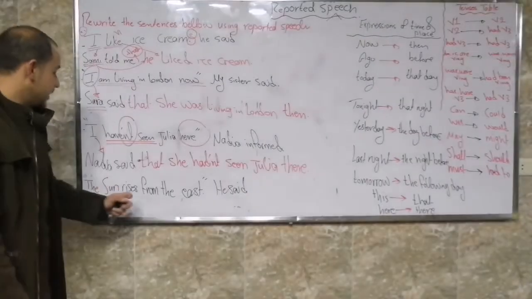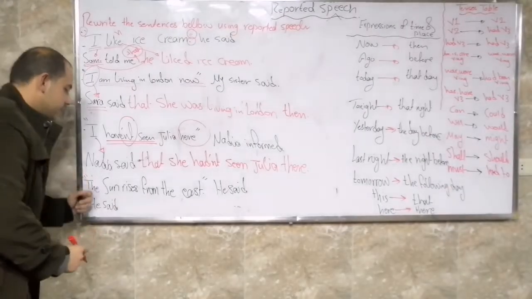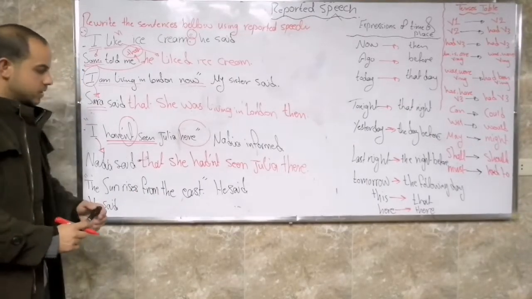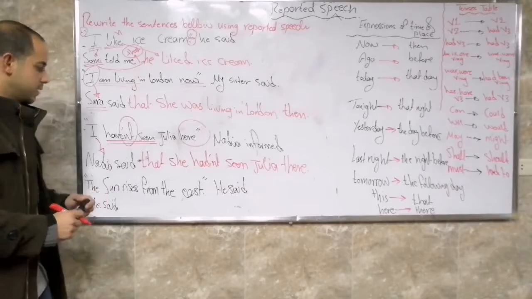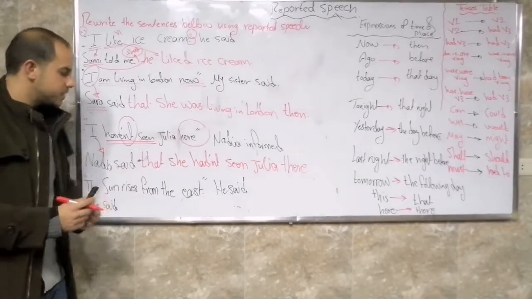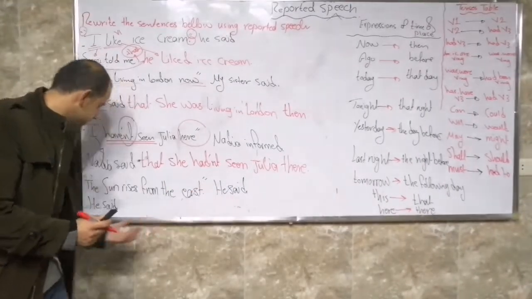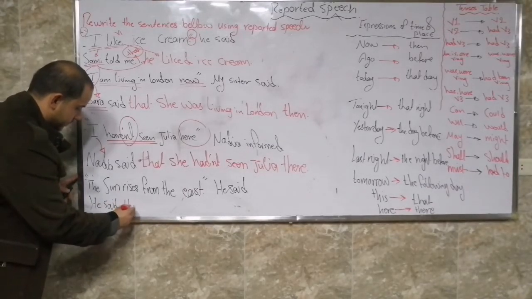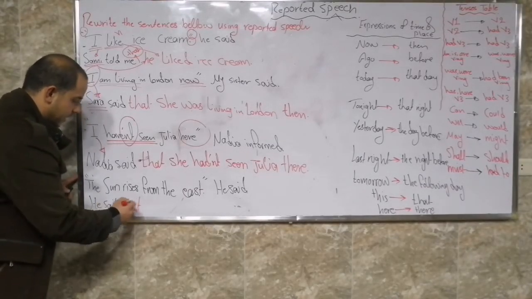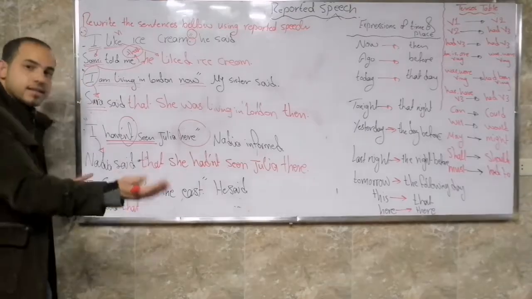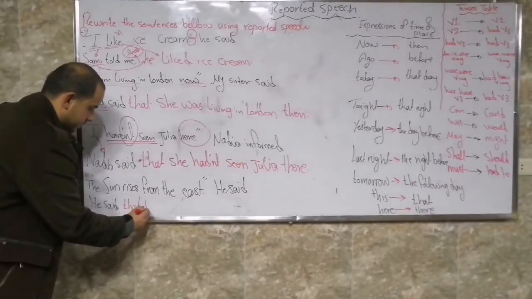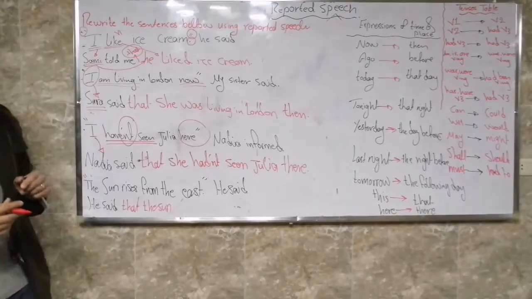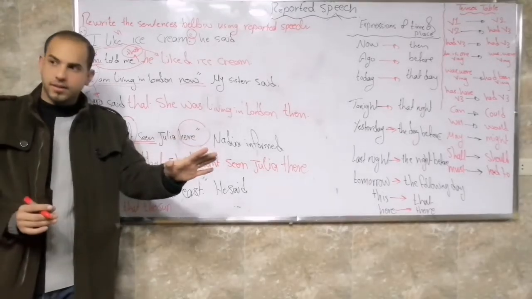Excellent. The last one. "The sun rises from the east." This is a fact. The scientists say. Okay, now he said that the sun, because the sun is the sun. Oh, let me tell you something.